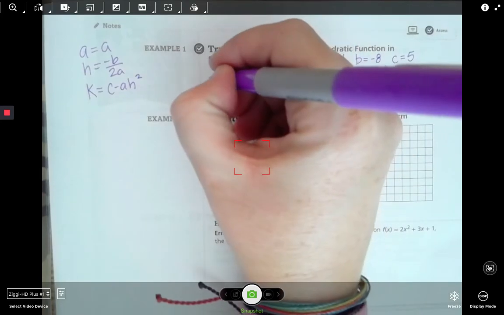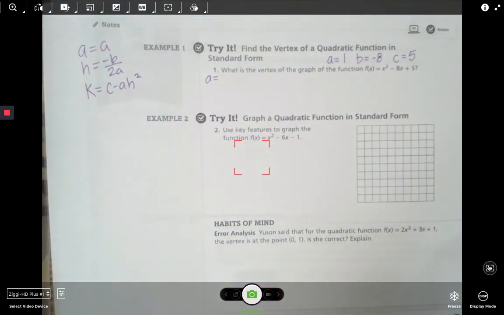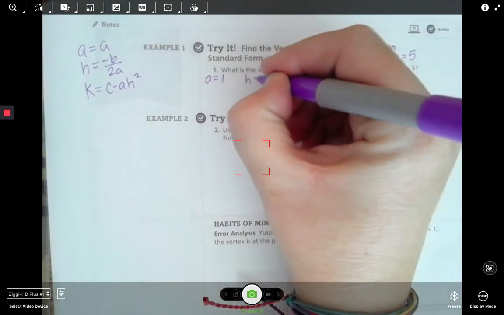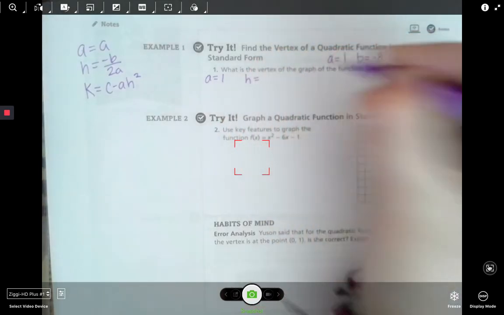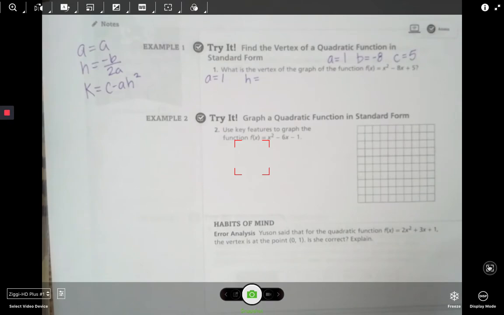Alright, so if we're writing it in vertex form, a equals a, so a is still going to equal 1. I don't know what h equals yet, and we'll figure out what k equals in just a second.